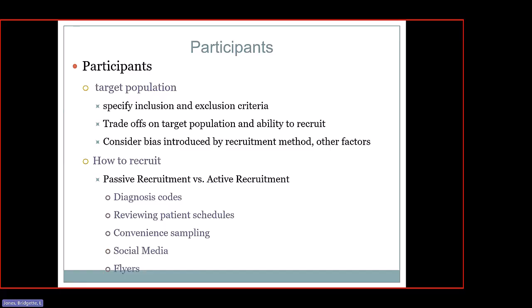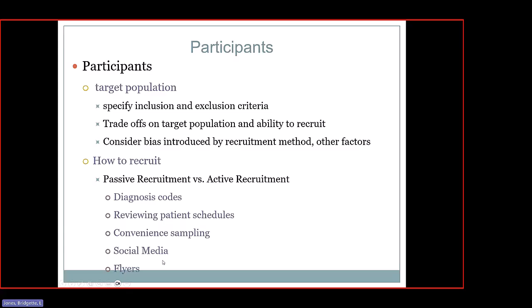So you might open that recruitment up and say, okay, haven't smoked in the last 5 years or something like that. And then you'd consider the potential bias or confounding that was introduced by allowing those people into your study, and disclose and discuss that when you describe your findings in the literature.